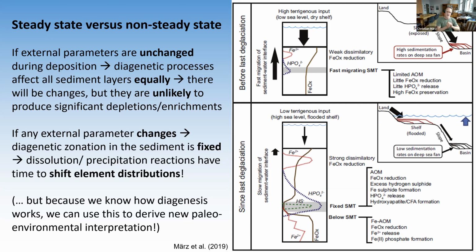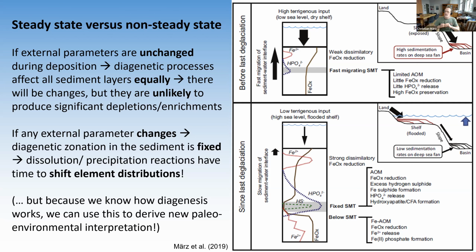Basically, if it's in steady state, and that means if all external parameters that I just listed are unchanged during deposition, then the diagenetic processes affect all sediment layers equally. So there will be changes to the geochemical makeup of the sediment, but they are unlikely to lead to any significant element or mineral enrichments or depletions. And this is what is shown on the top right here on this panel, where it says before glaciation.